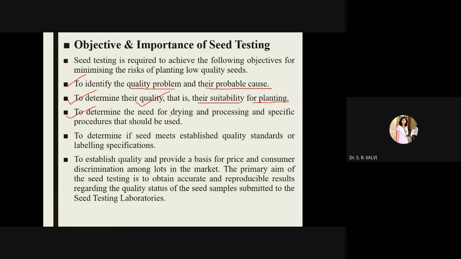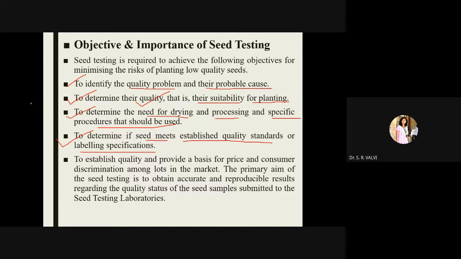Next objective, to determine the need for drying and processing and the specific procedure that should be used. So we must know the procedure for processing and drying. Next objective, to determine if seed meets established quality standards or labeling specifications.